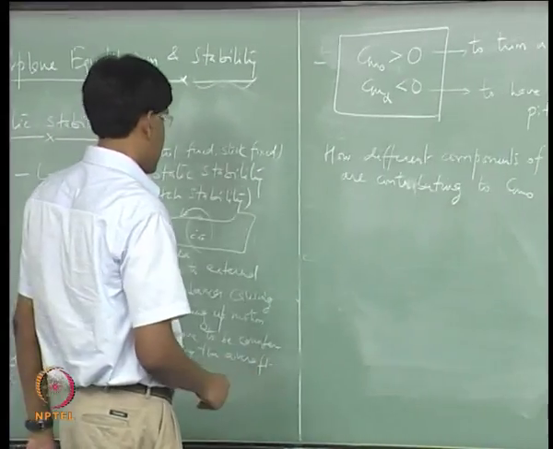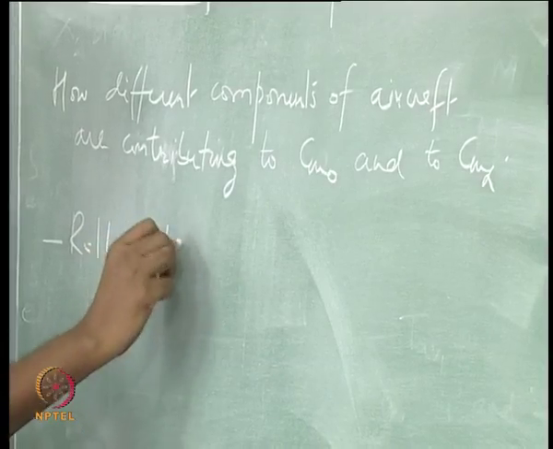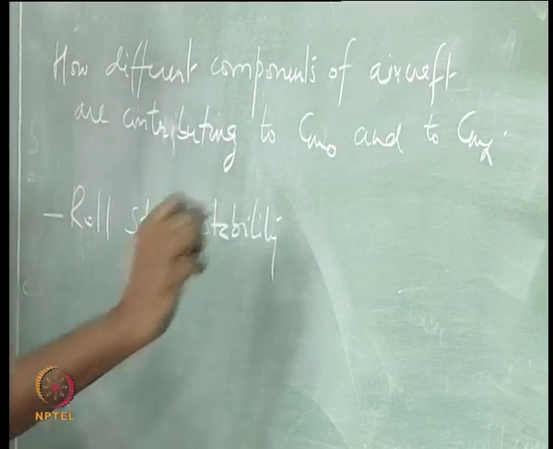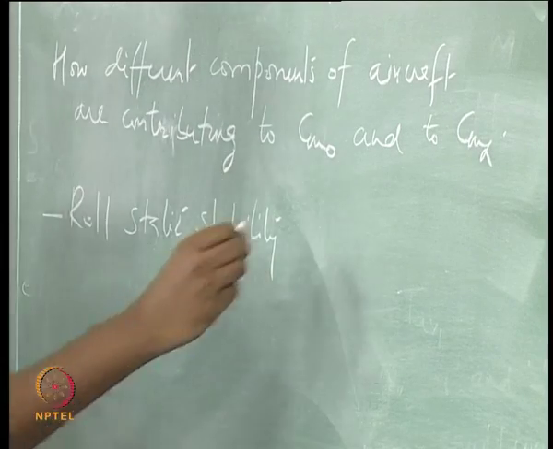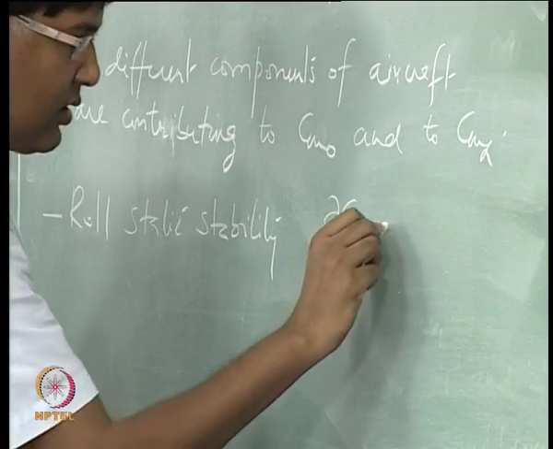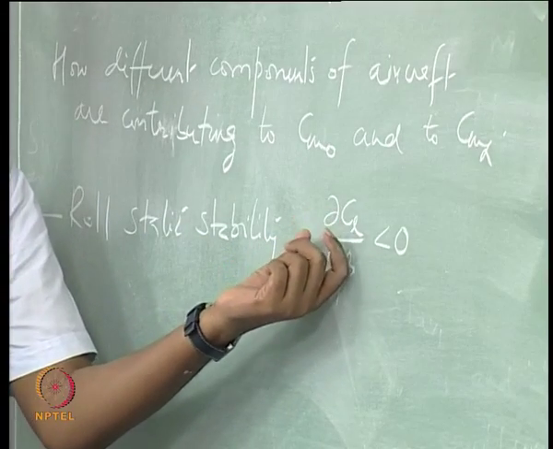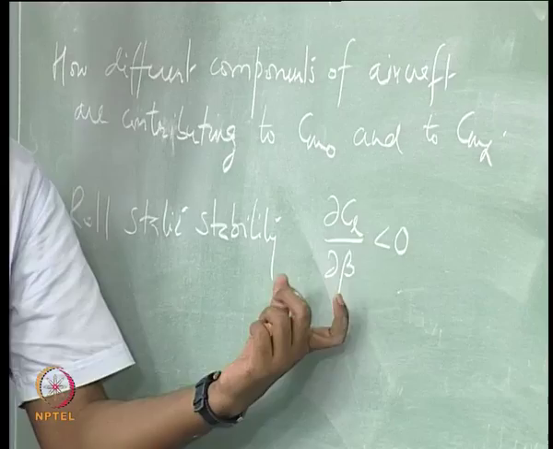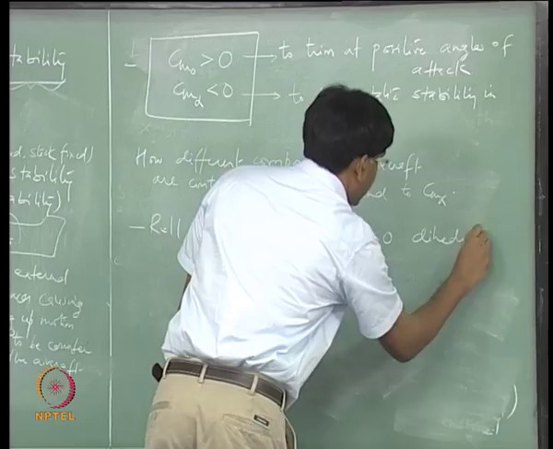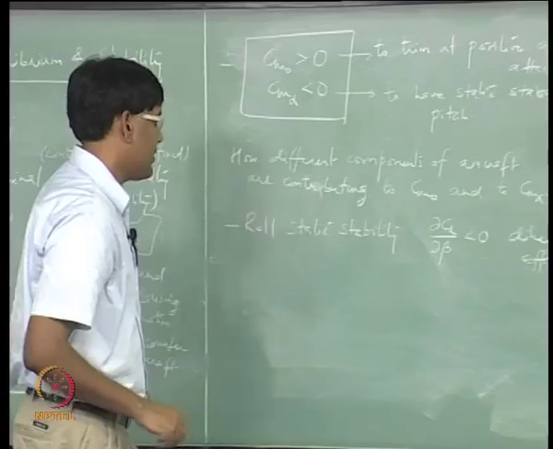There is a criterion for stability in roll, and that criterion is this. The change in rolling moment coefficient with respect to the change in sideslip angle must be negative. This is also known as a derivative we are going to see again.